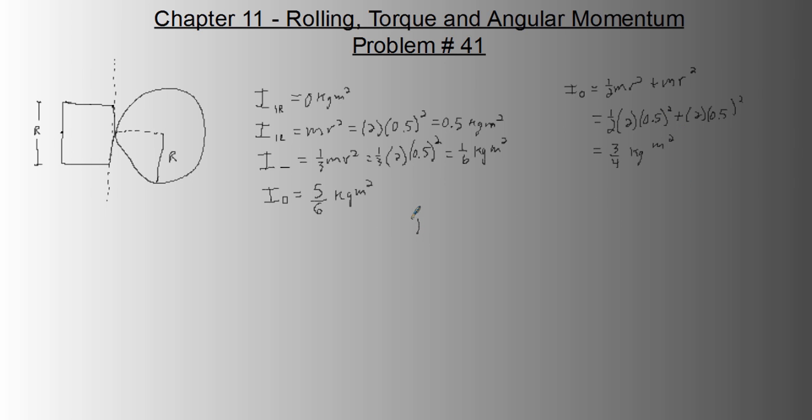So what's I total of this whole shebang? 5/6 plus 3/4 equals 19/12 kilogram meters squared, which also is in decimal form 1.583 kilogram meters squared.